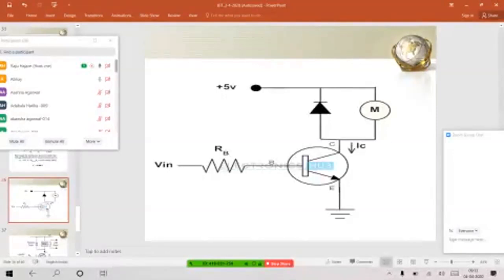Whenever you have reverse voltage across the motor, or when you want to turn off the motor, this diode gives a path for the current flow, so that you are not allowing reverse current to damage the device or the motor. It is an extra path for the motor current flowing through this load to dissipate and come to zero, so the turn-off process is made easy by connecting a diode.